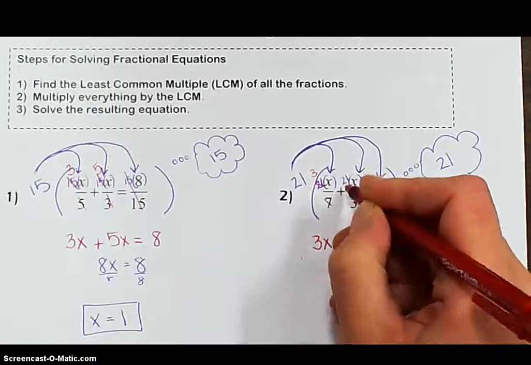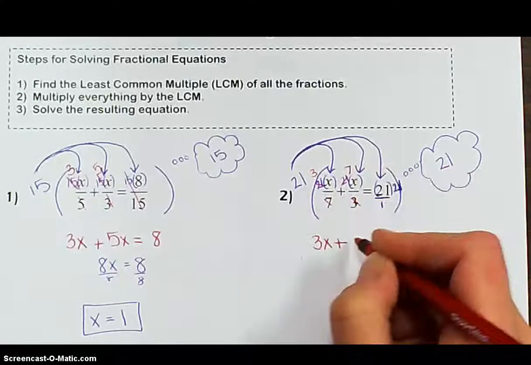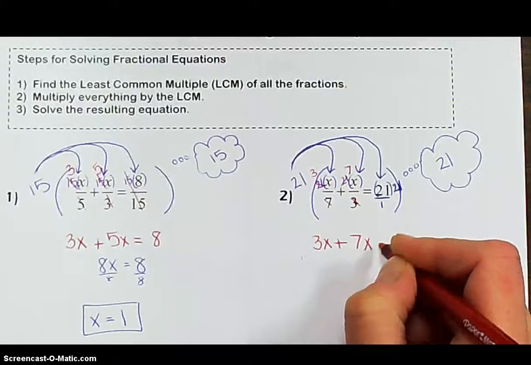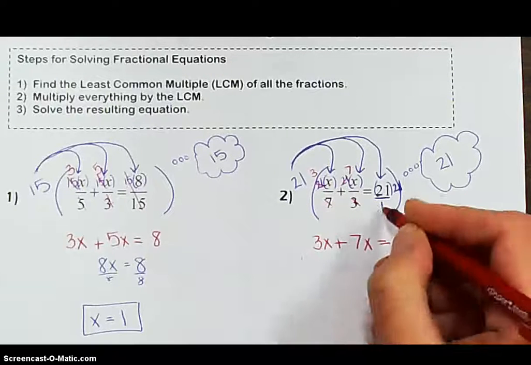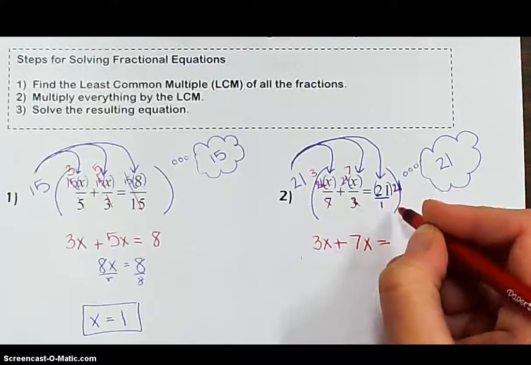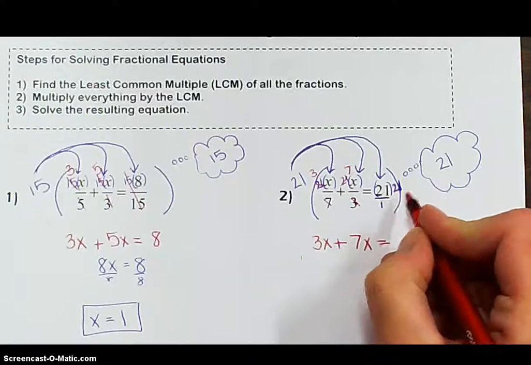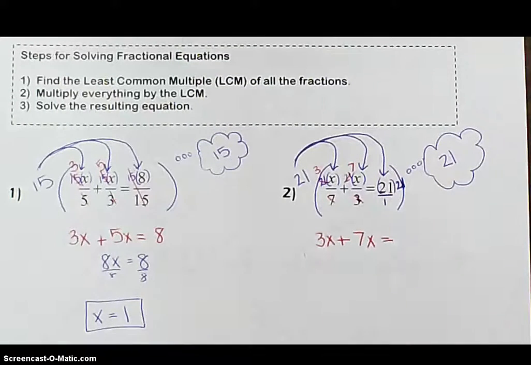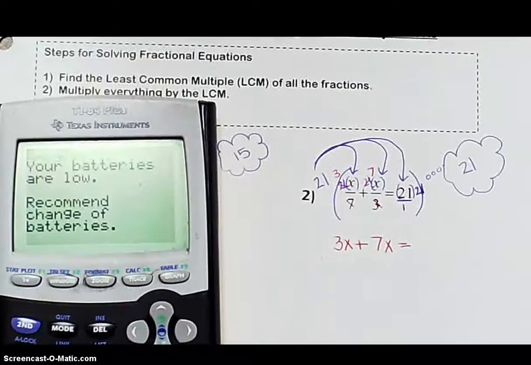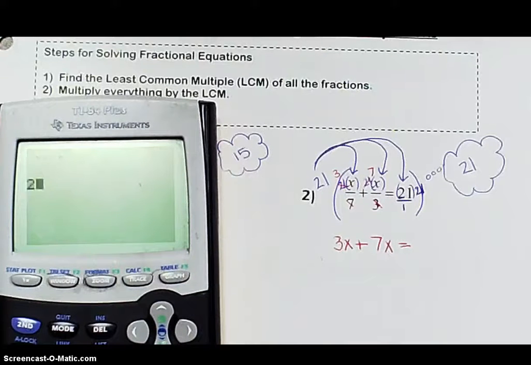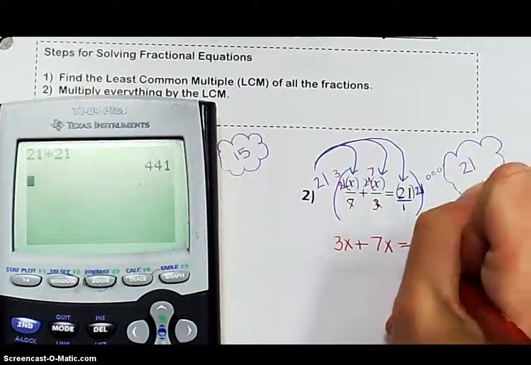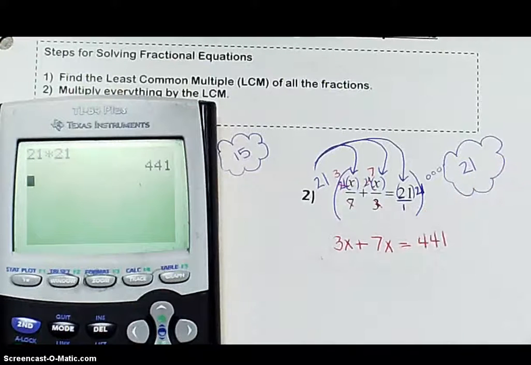Plus, 3 goes into 21 7 times, so that leaves me with 7x. Is equal to, now 1 is not going to reduce anything, so all we have to do is 21 times 21. My math facts don't go that high, so let's take a look. 21 times 21 is 441. Oh, I knew that.